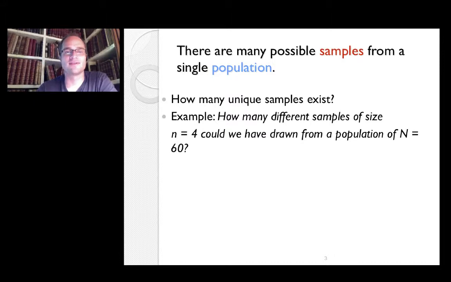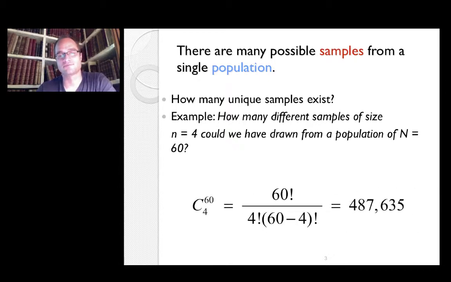I made mention of this in the previous slide, but how many different samples can be drawn from a single fixed population size? The question of how many unique samples you can take is an exercise in arithmetic. How many different samples of size 4 could be drawn from a population of 60? You notice we have small n for the sample size, capital N for the population size.